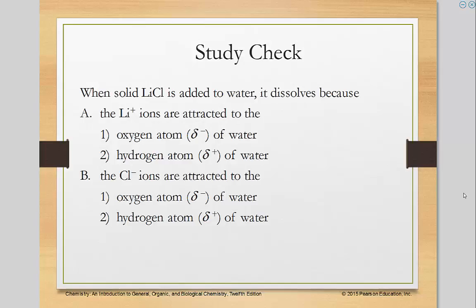When solid LiCl is added to water, it dissolves because, let's look at the Li. Li is a plus sign. That means it's going to be attracted to the negatives. Here's our water, partially negative, partially positive, is going to be attracted to that negative portion.